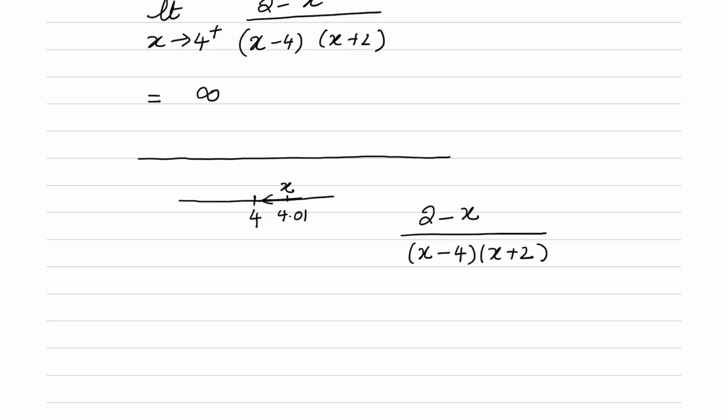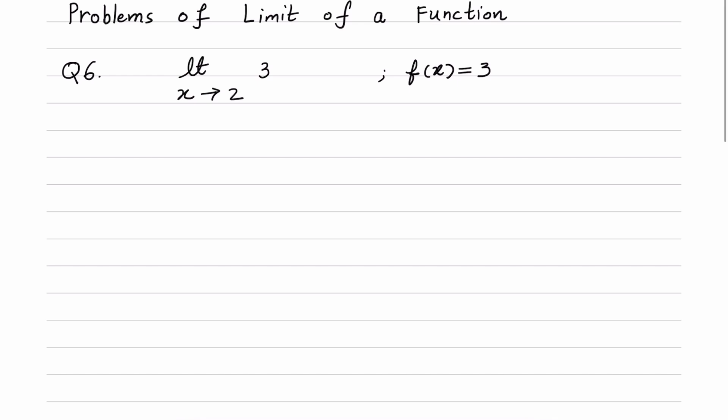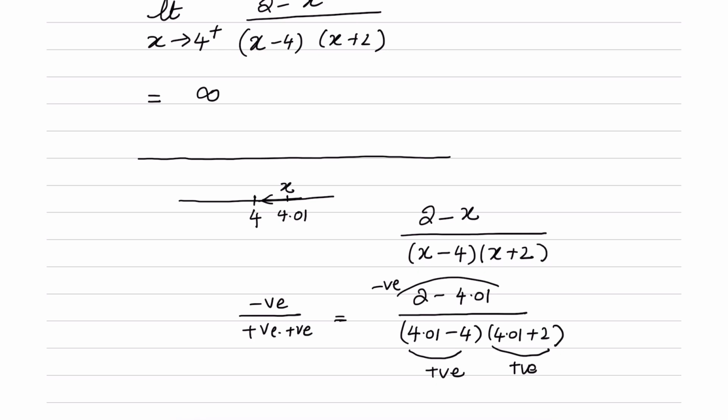When we put x equal to 4.01 here, we get the answer of this is positive. The answer of this is positive and the answer of this is negative. So we have negative divided by positive times positive.